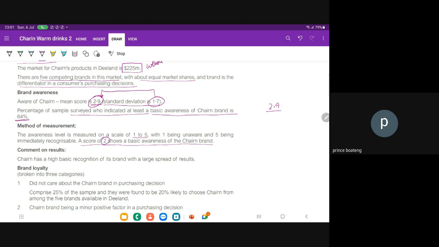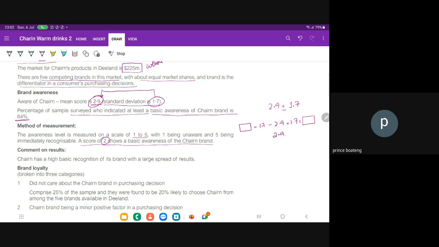Plus or minus 1.7 standard deviation. 2.9 is the middle. If you add 1.7, you will get something. If you deduct 1.7, you will get something. So this is the lowest score and this is the highest score. So that is showing you the variation.